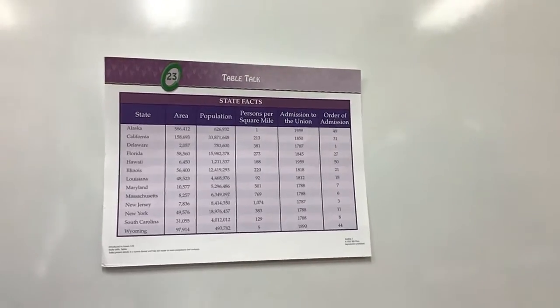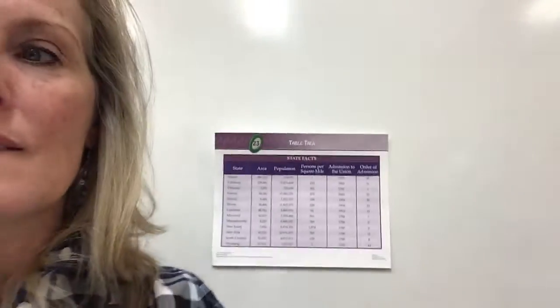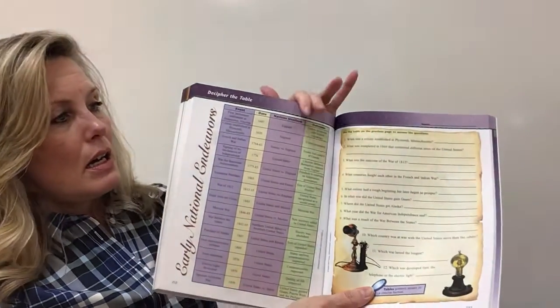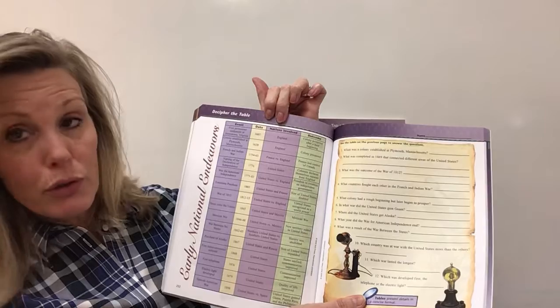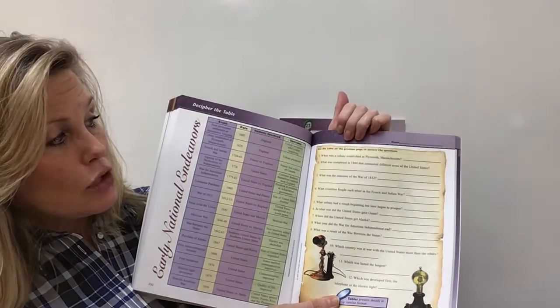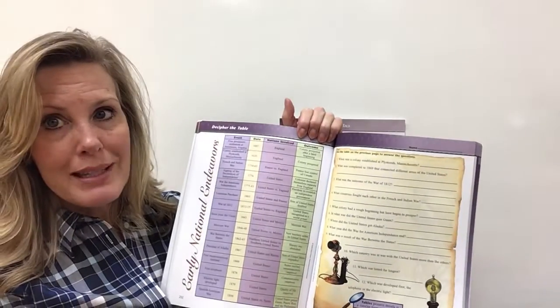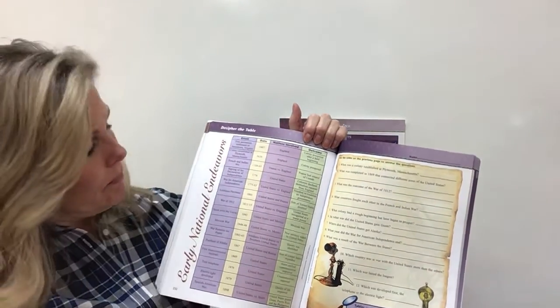Now look in your textbook. No, not the textbook. The work text on pages 232 and 233. And you're going to see a table on page 232, and then questions about that table on 233. So the first thing I want to do is analyze, what is this table talking about?